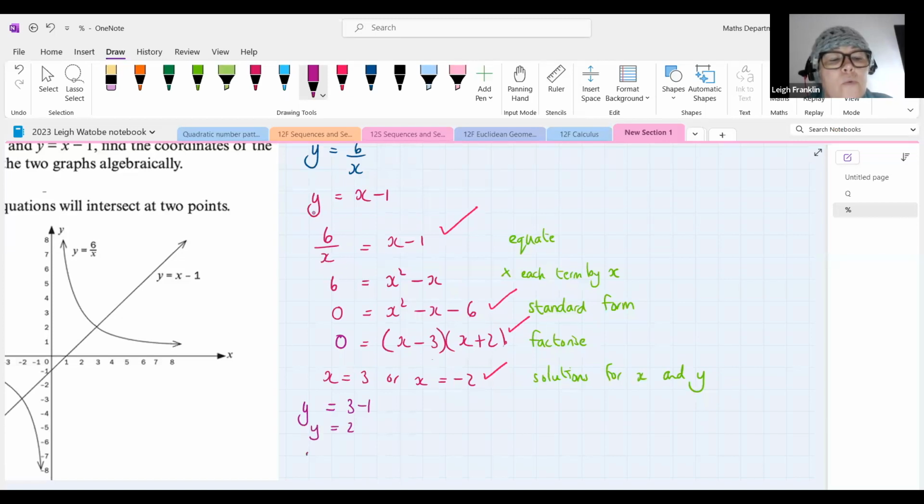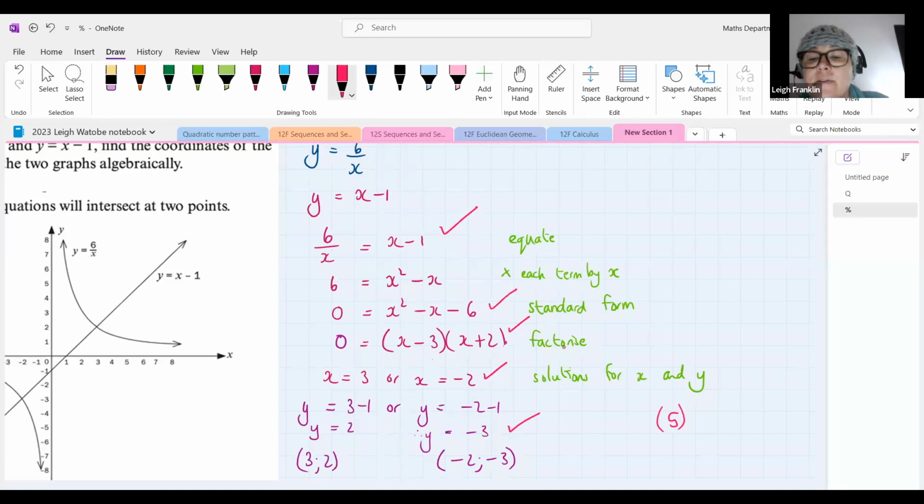So one pair of coordinates is (3; 2). Or y is equal to minus 2 minus 1, so y would be negative 3. The other pair of coordinates is (-2; -3). Generally something like this would be out of 5 marks.